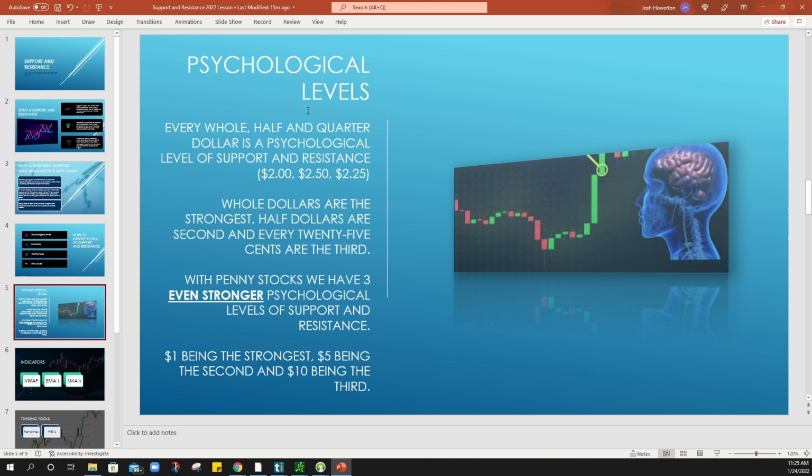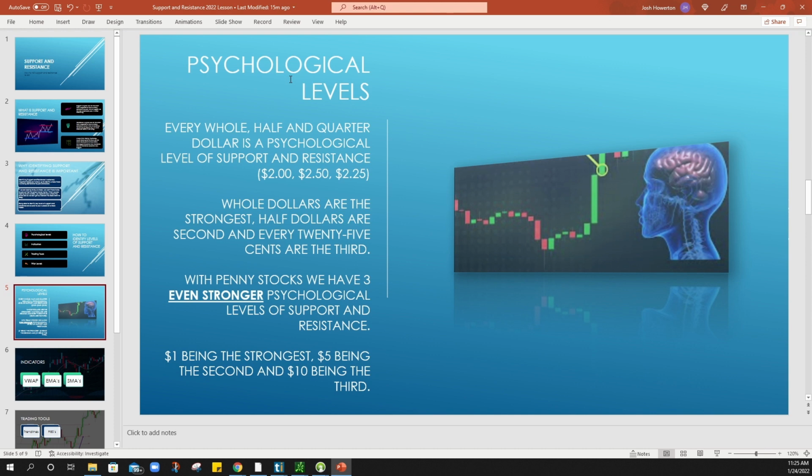Why $8.75? It's another very strong psychological level of support and resistance. So we do have those, we call them mental levels. Psychological levels. Every whole dollar, half dollar, and quarter dollar. And then with penny stocks, we have $1 being very strong, $5 being the second, $10 being the third, and now we need to add in $8.75 as the fourth very strong psychological level of support and resistance with penny stocks.